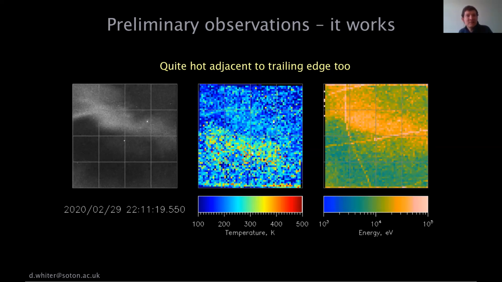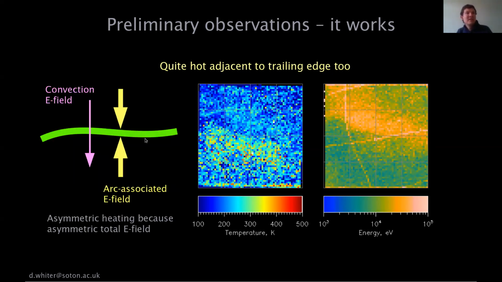And it's actually not surprising that the temperature is asymmetric on either side of the arc. This is just a little cartoon to show you how the electric fields should be, or we think they are, around an arc. So here's an auroral arc. The electric field associated with it is intense and pointing towards the arc on either side, but that's superimposed on top of some background electric field associated with global convection.